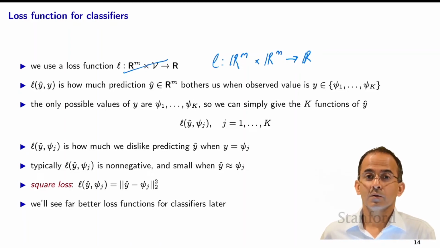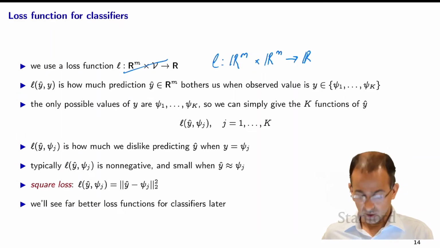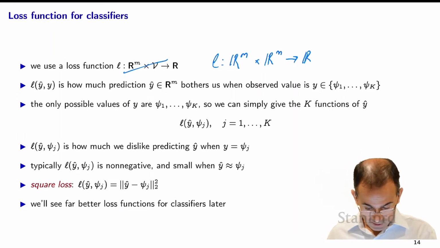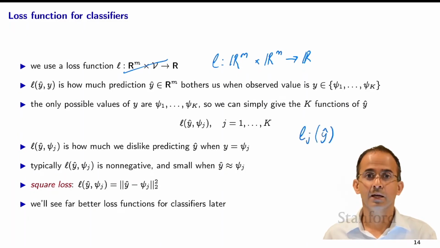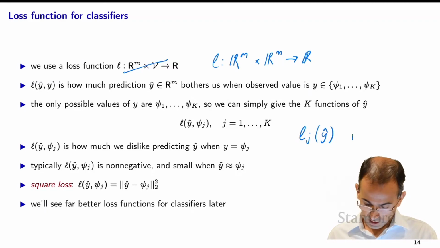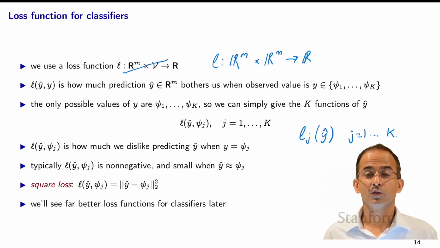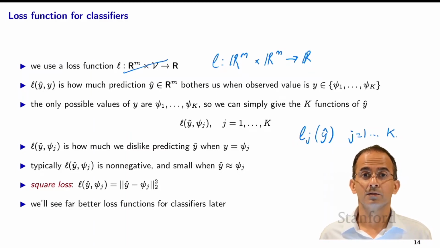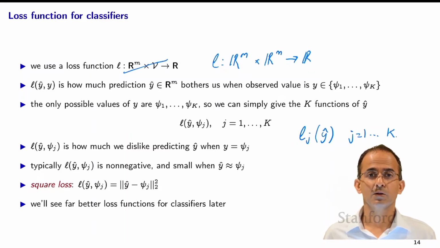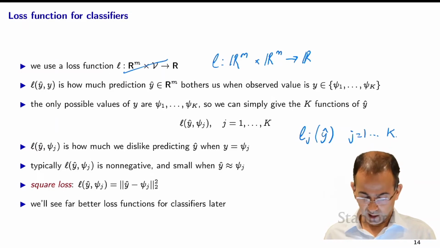Or when the target variable is v2, then we get a different loss, and we'll think of that as a totally different loss function. We might even use this kind of notation, L sub j of y hat, for j from 1 up to capital K. This loss function only depends on y hat, because the dependency on y is taken care of by j.